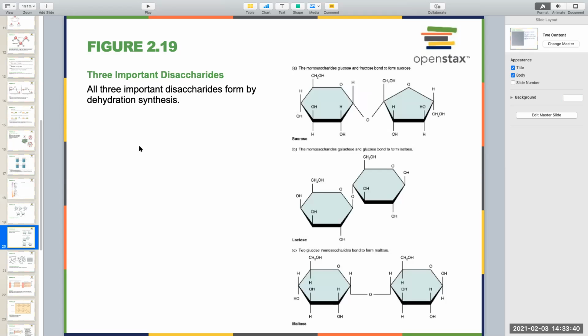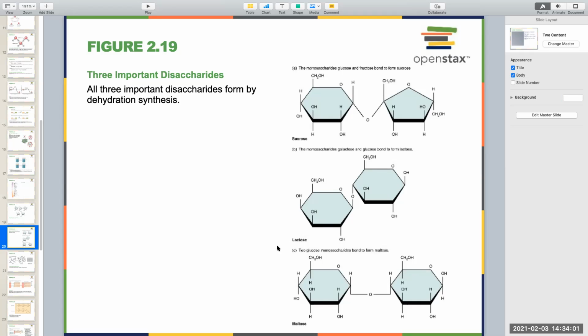Okay, so now let's talk about some disaccharides. Remember we mentioned the prefix di means two. So these are carbs that are pairs that are linked together in two. So we have sucrose, which is table sugar.